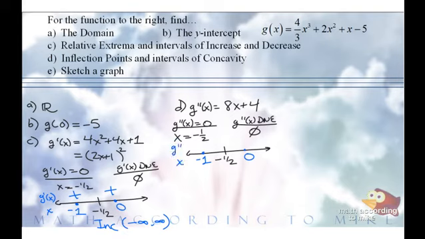So putting -1 into the second derivative, we get negative. Putting in 0, we get positive. So to the left of -1/2, the function is concave down. To the right of -1/2, the function is concave up.